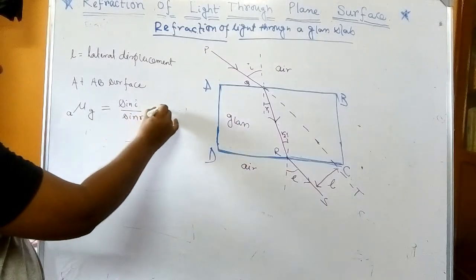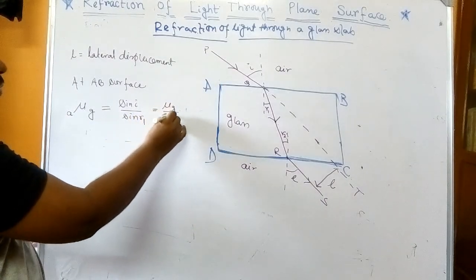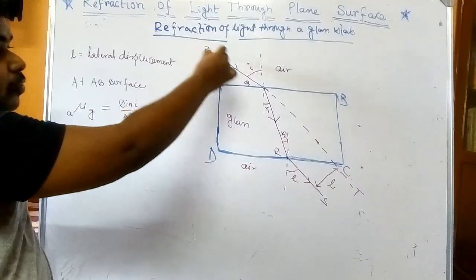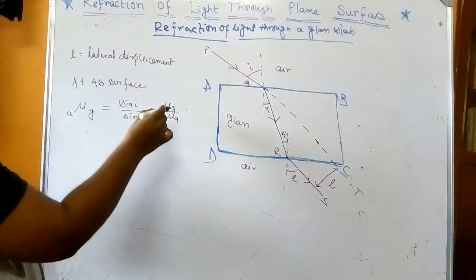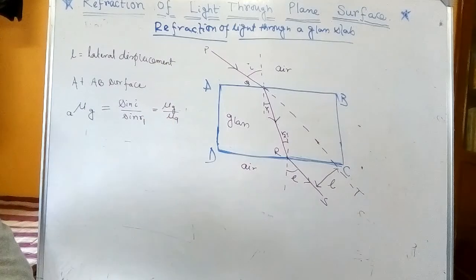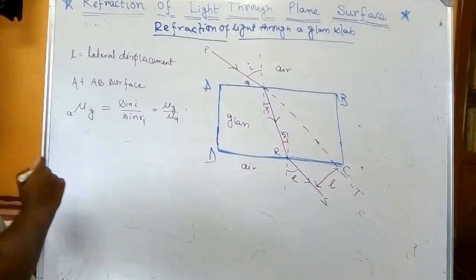It is mu g by mu A, because the light ray comes from air and goes to glass. So we have seen the refractive index of glass with respect to air.